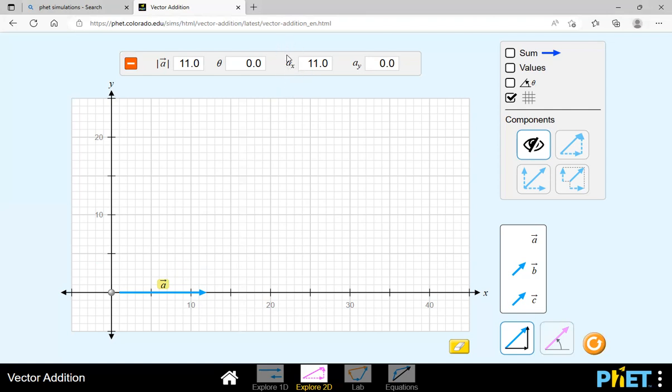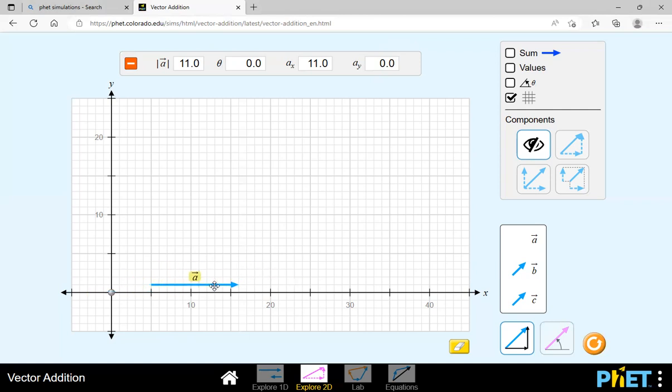What do you mean by ax? It means that it has a component just along the x-axis. It has no component along the y. The component in the y for vector A is 0. Why is that? Because it is parallel to the x-axis.